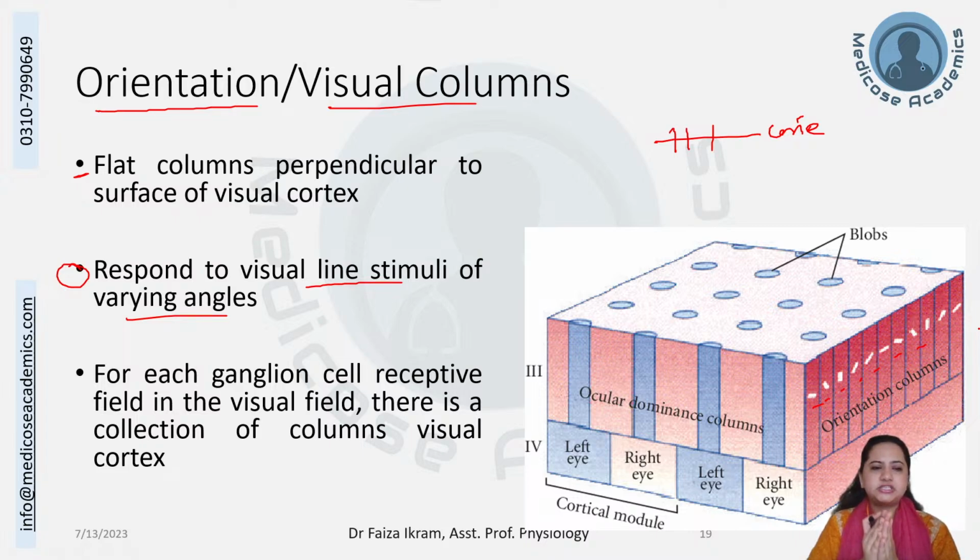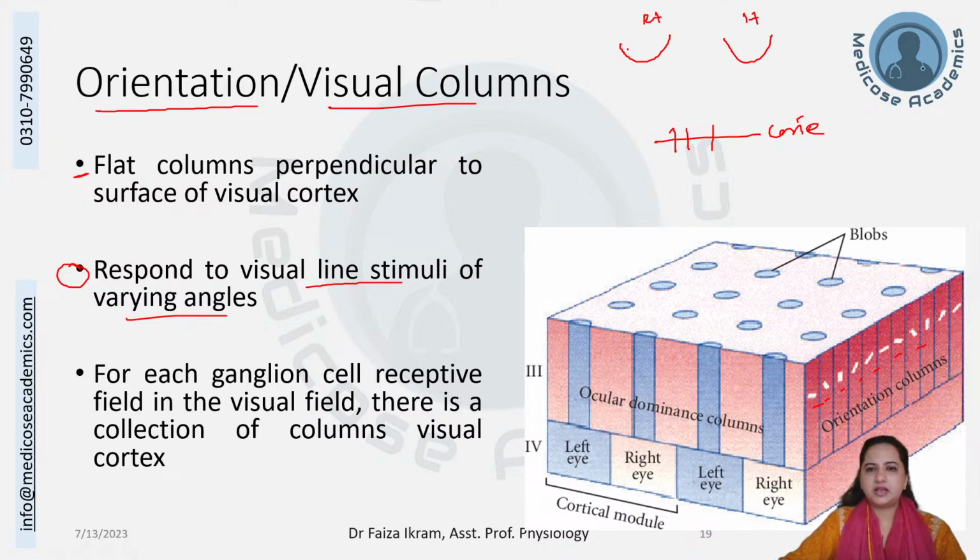So for each ganglion cell in the receptive visual field, there is a collection of orientation columns. For example, this is the visual field of right eye and this is visual field of the left eye.